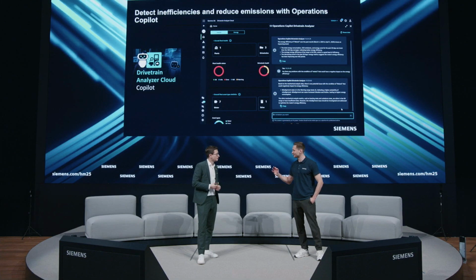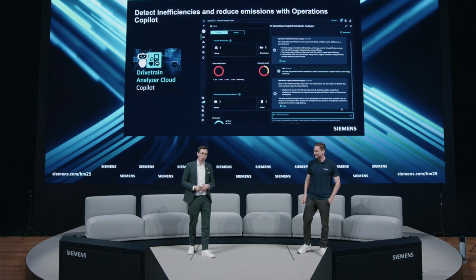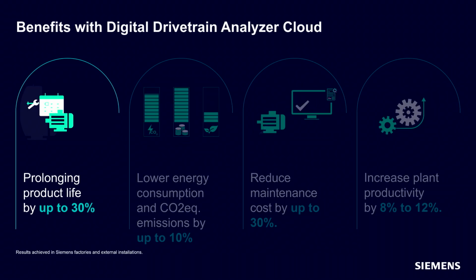What are the benefits now in the end for all of our customers? That's a very good question. We showed a few elements, right? How to interact with the data and how to get knowledge, but what does that mean in the end for your application? Well, one huge element is that we are able to prolong the product life by up to 10%.